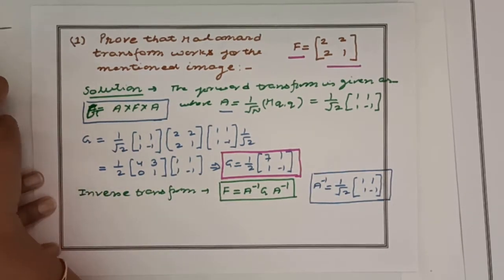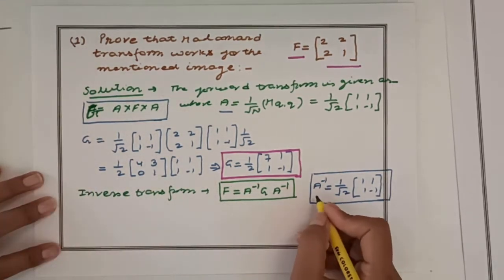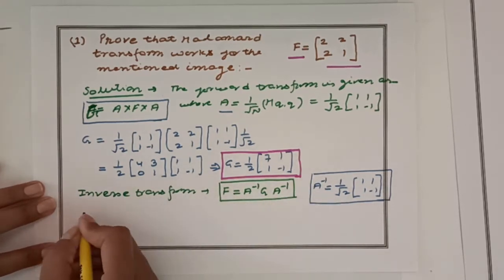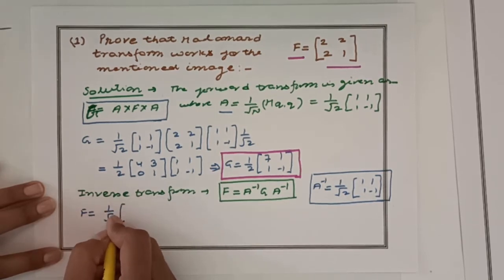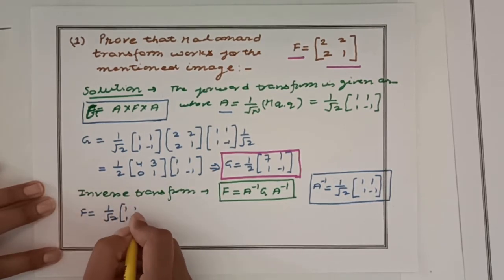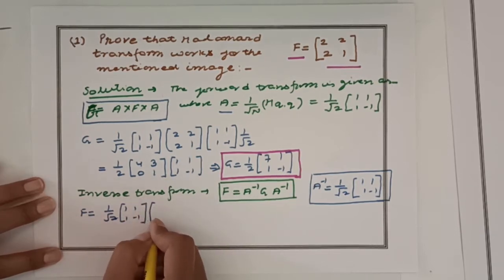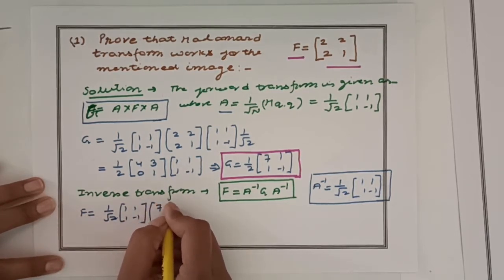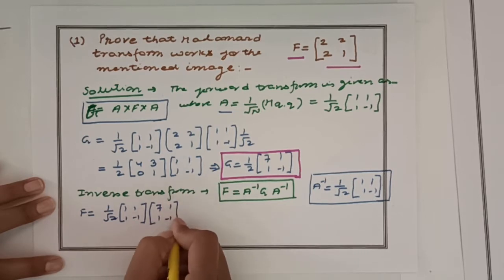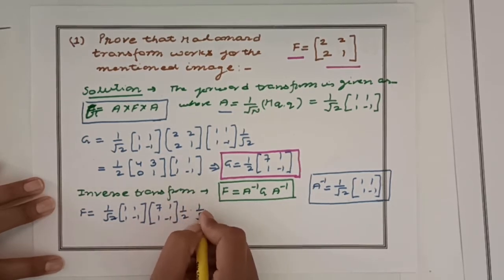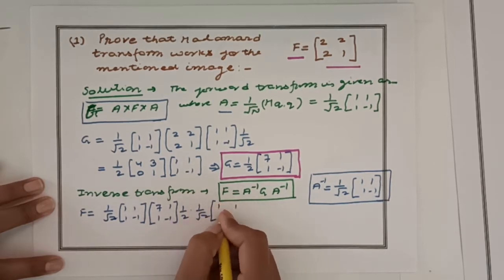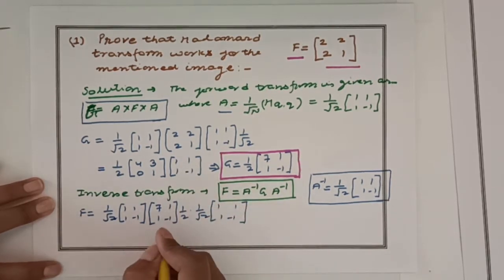Now substitute this value of A inverse and G into this equation. So you will be getting F is 1 upon under root 2 [1 1; 1 minus 1] into G, which is [7 1; 1 minus 1], and then A inverse, 1 upon under root 2 [1 1; 1 minus 1].